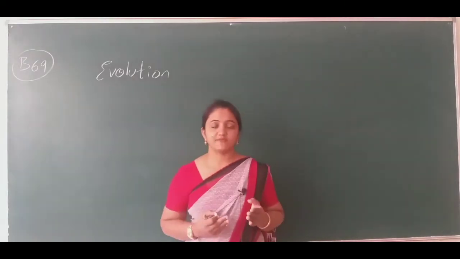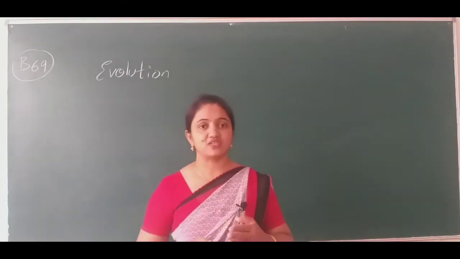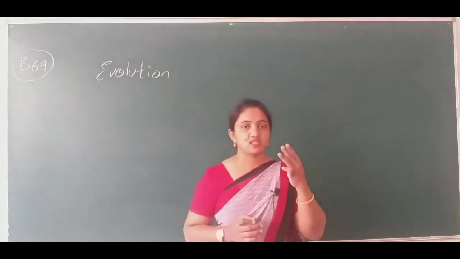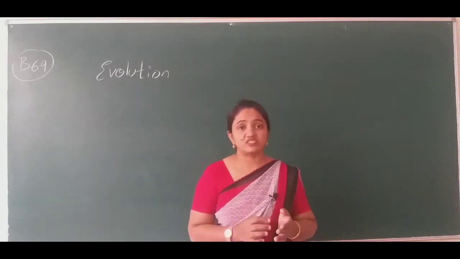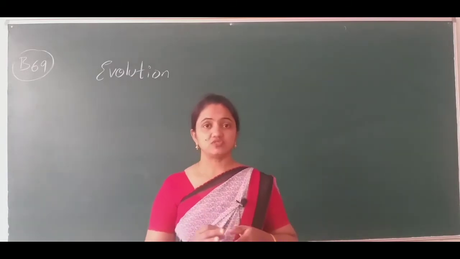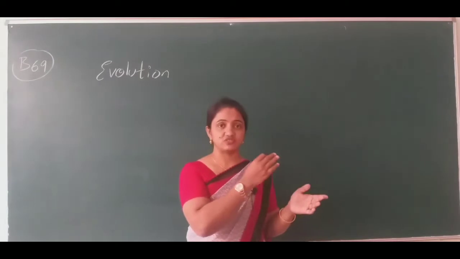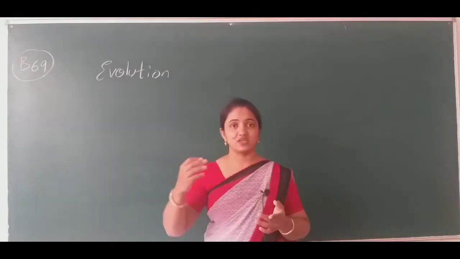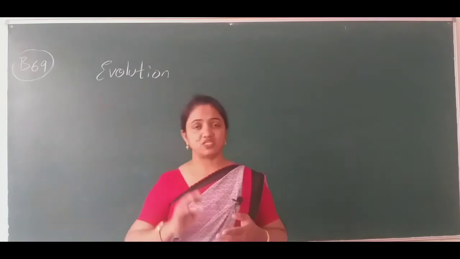The theory of special creation, listen to me carefully, has three connotations. What are those three connotations based on special creation, based on all traditions, religion and literature? I am going to write all those.